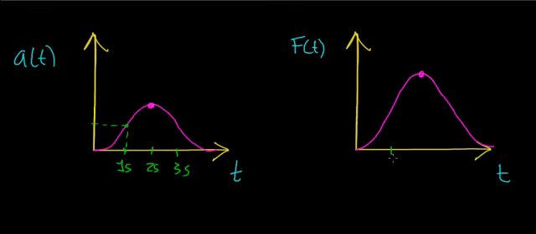And then I could do the same thing over on my force versus time graph. I could go up and over and figure out what the force is at that point. But oftentimes, the acceleration versus time graphs can become so complicated and difficult to analyze that we can't do this simple manipulation where we look at the curve and figure out what the acceleration is or what the force is.